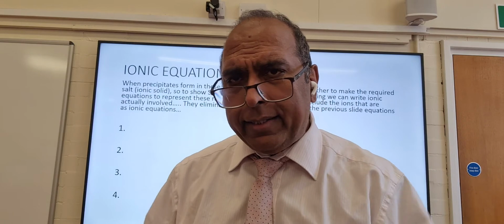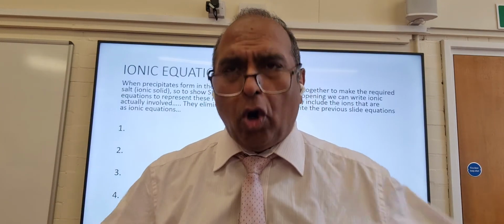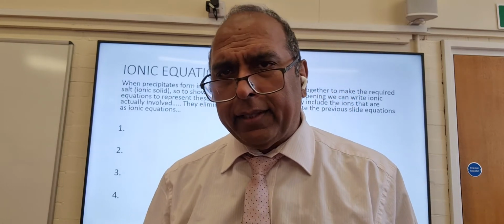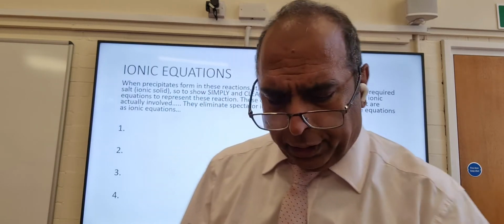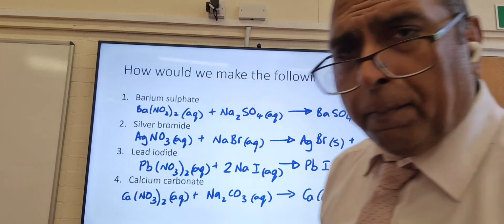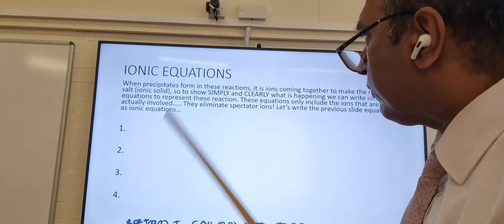What we do is we write down the ions that are reacting, and we ignore the other ions, which are spectator ions. And doing that, those equations that I've done there become much simpler, and they look like this.